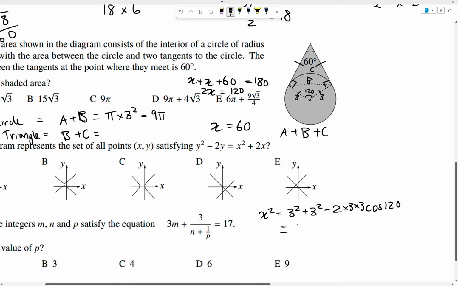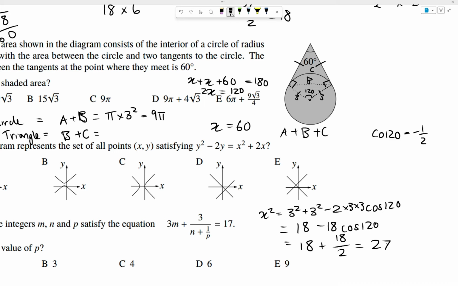And that is 18 minus 18 cos 120. Then cos 120 is minus a half. So this is 18 plus 18 over 2, which is 27. So therefore x squared is 27, and then x is the square root of that, which is 3 root 3.